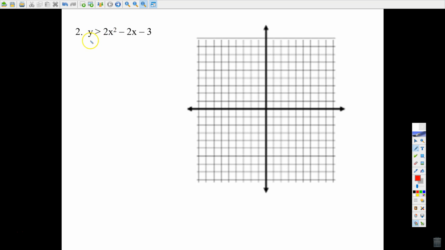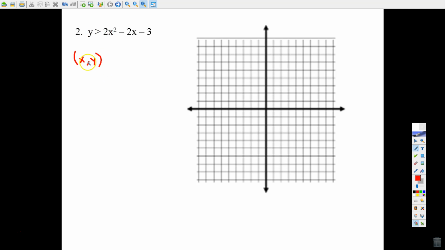The directions here are to graph this quadratic inequality. You notice that we see x and y, and that should give you a little clue that our answers are going to be x, y coordinates. We need both x and y to plug in to see if those x, y coordinates actually make this true.